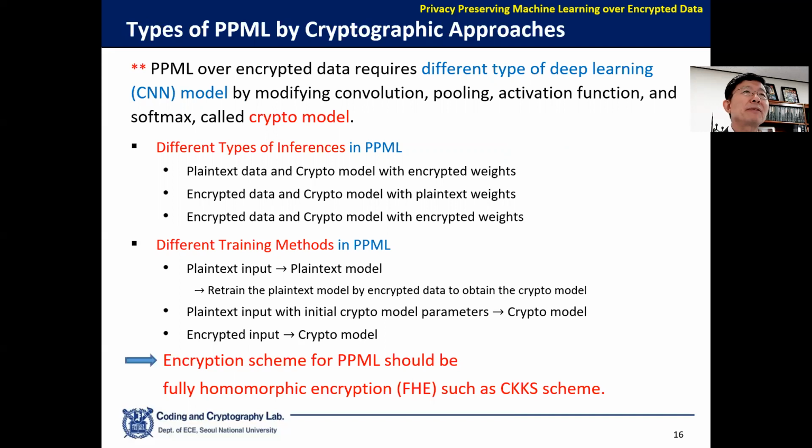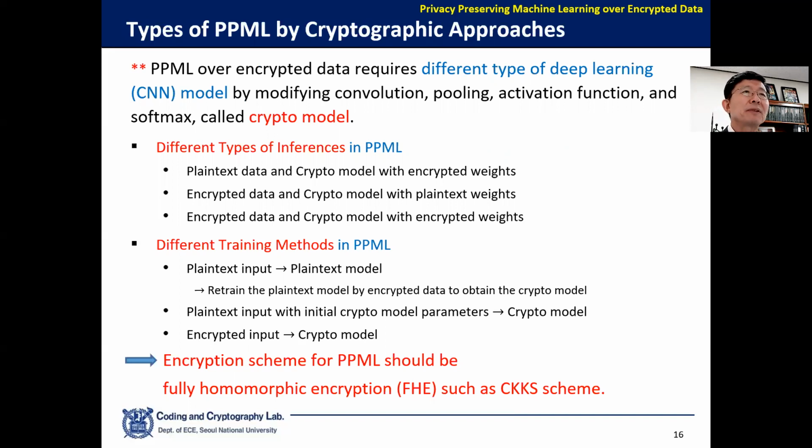There are different types of inference in PPML. The first one is plain text data and a crypto model with the encrypted weight. The second one is encrypted data and a crypto model with the plain text weight. The third is encrypted data and a crypto model with the encrypted weight.